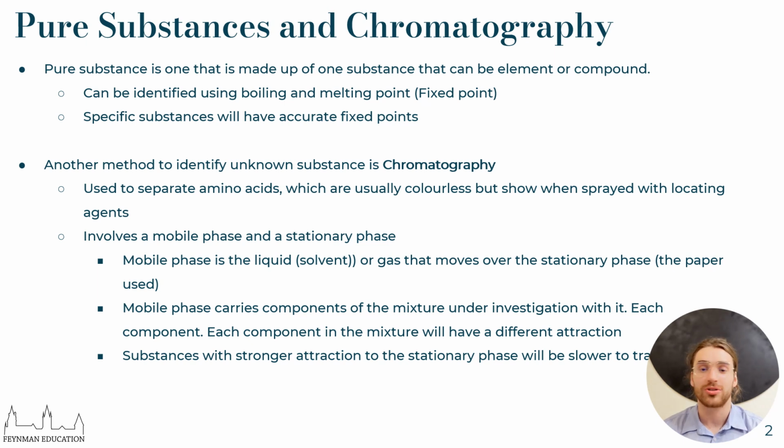Basically how chromatography works is it's made up of a mobile phase and a stationary phase. The stationary phase we refer to is the chromatography paper. The mobile phase is going to be the solvent that is going to move up the chromatography paper. The solvent will then take our samples and move them up the stationary phase with the solvent.